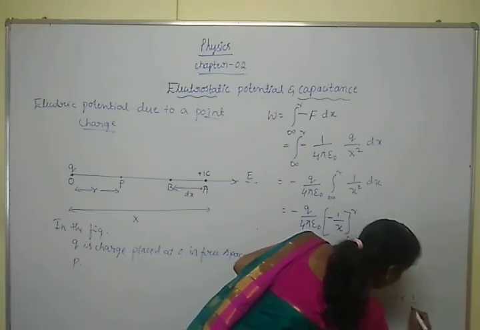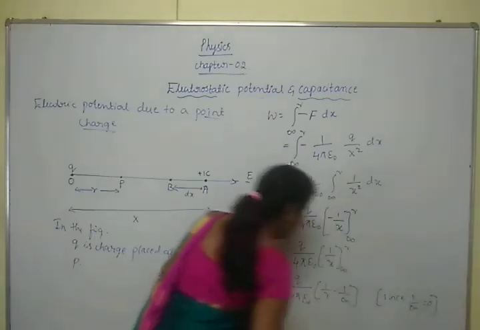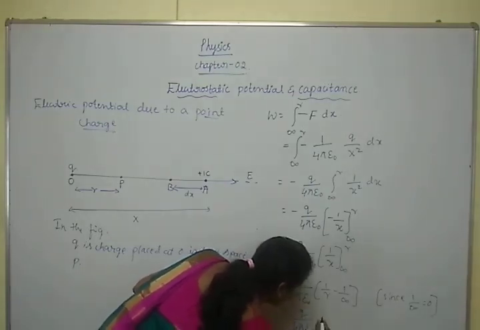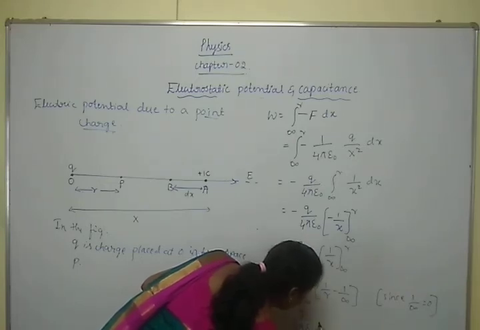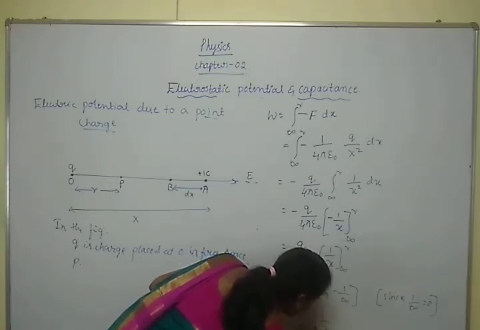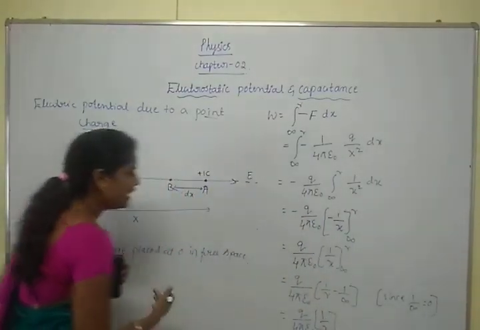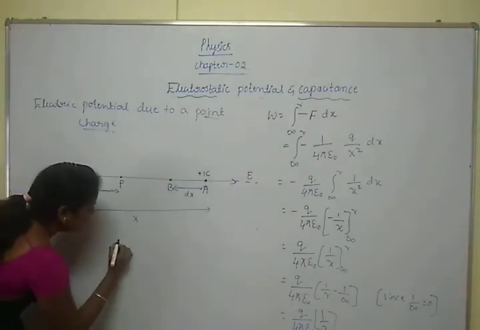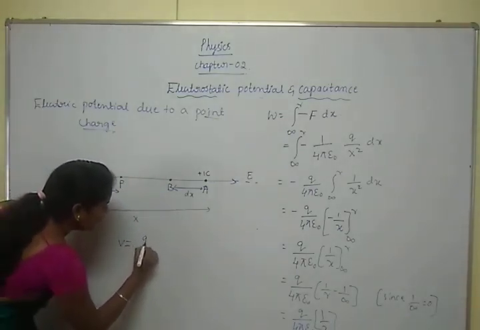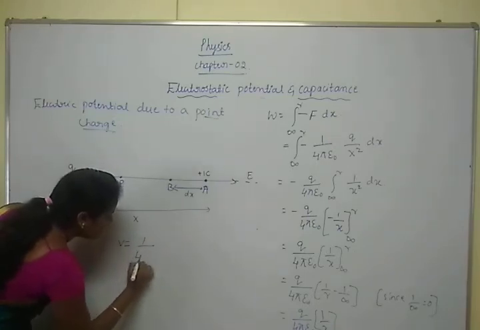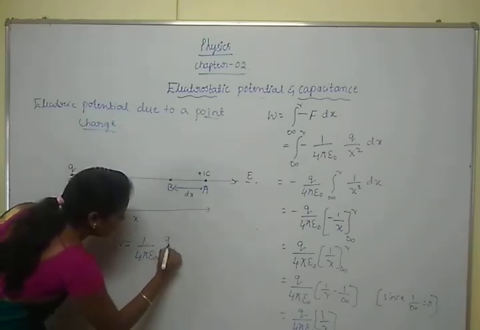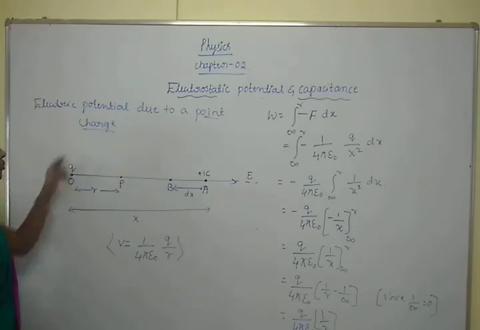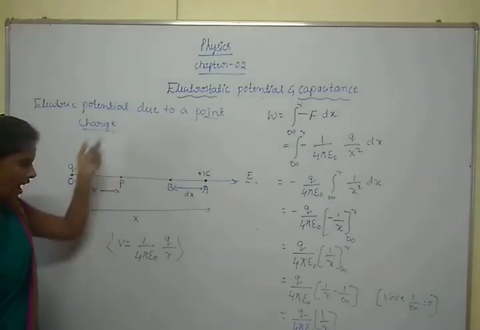So the final equation is W equals 1 over 4 pi epsilon naught Q divided by R. This is the total potential in an electric field due to a point charge.